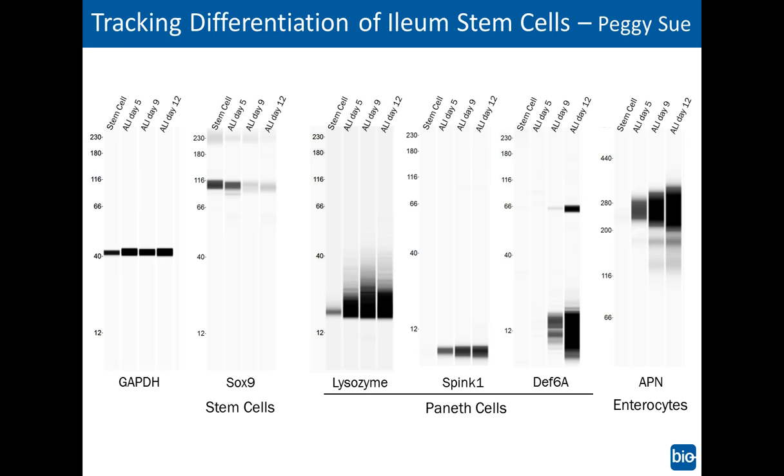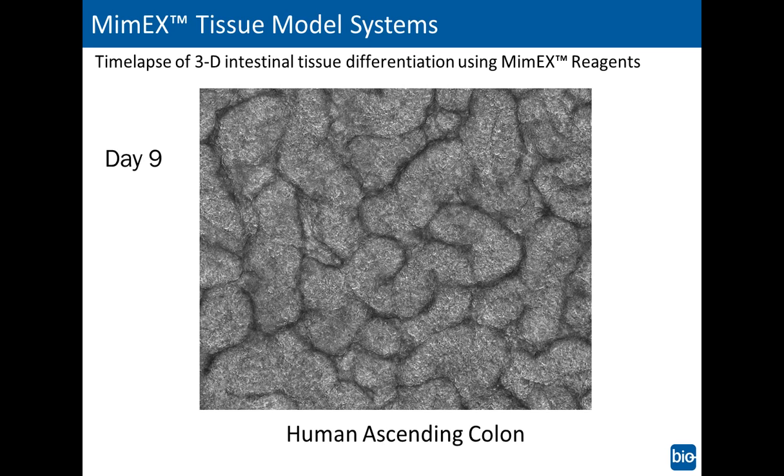You can see that SOX9 expressing stem cells are high in the stem cell 2D culture, but then decrease over time with the differentiation. And there's a corresponding increase in expression of Paneth cell markers like lysozyme, SPINK1, and defensin 6A. There's also increasing expression of enterocytes shown by APN expression. So by day 9, you have good differentiation and even better by D12.